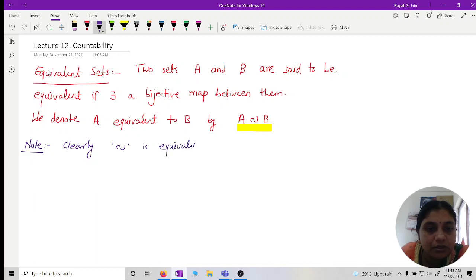Can you show this? Tilde is an equivalence relation. It is reflexive: A is always equivalent to A itself.